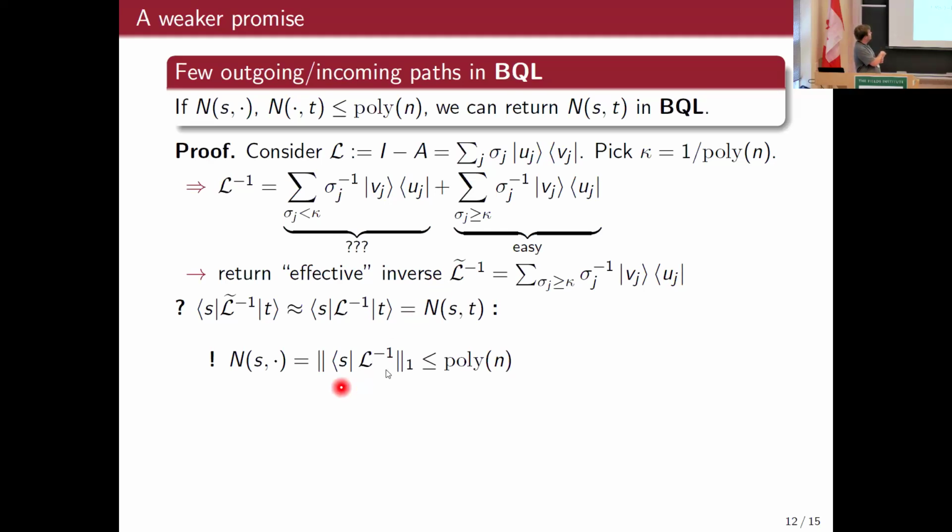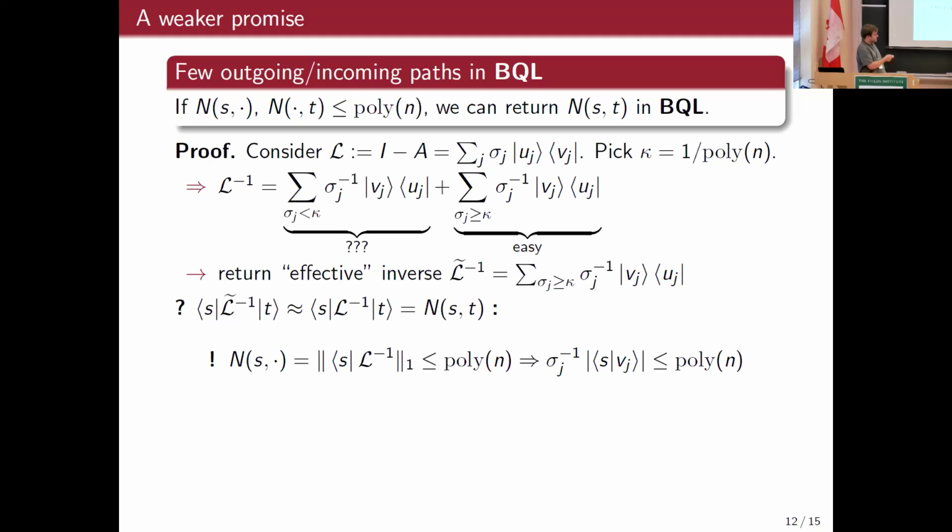If we look at this vector here, e_S times L inverse, this is a vector which corresponds to the S row of L inverse. So it contains as entries the number of paths from S to any other vertex. And of course, by our assumption, all of these entries are polynomial. So also the L1 norm will be polynomially bounded.